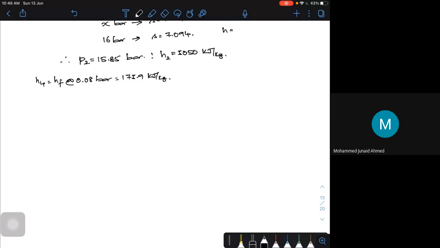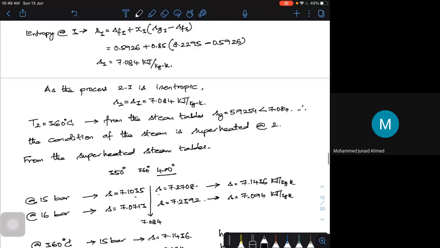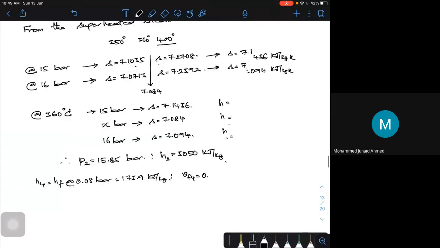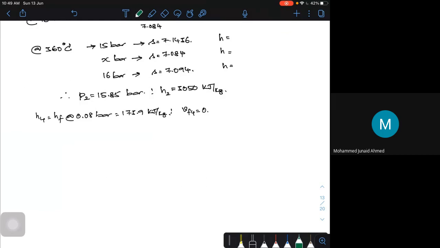And what is VF? VF at that particular point is 0.001084 meter cube per kg.